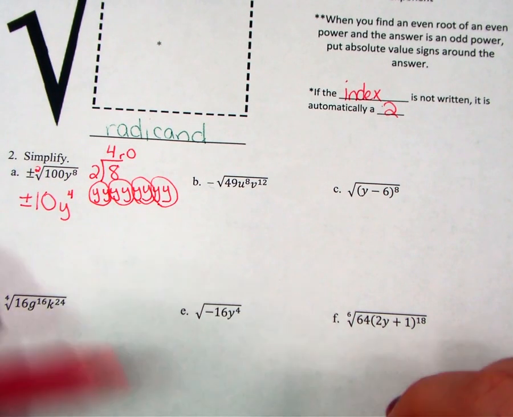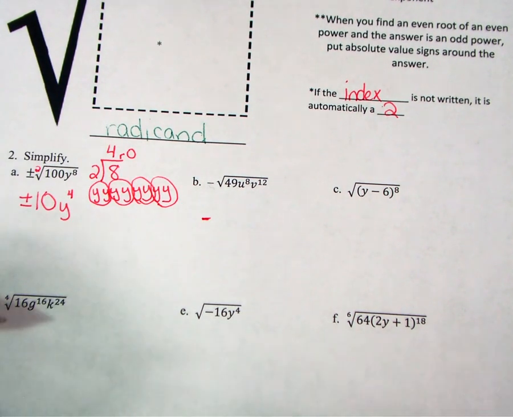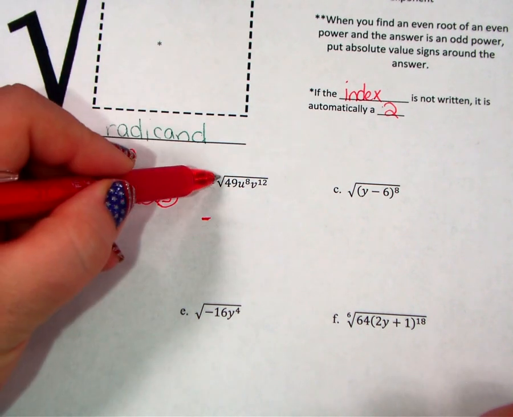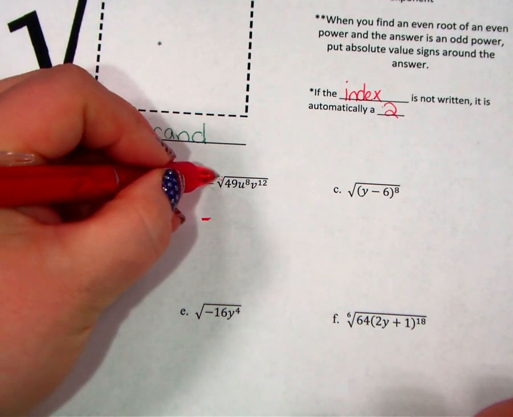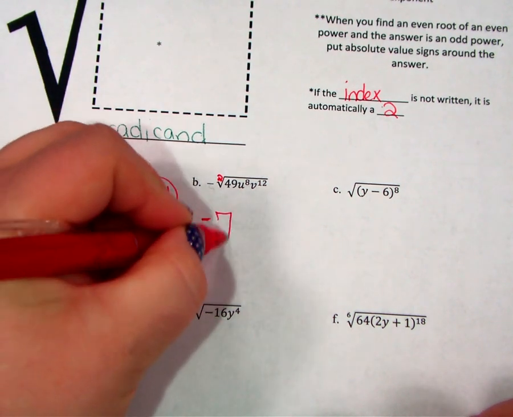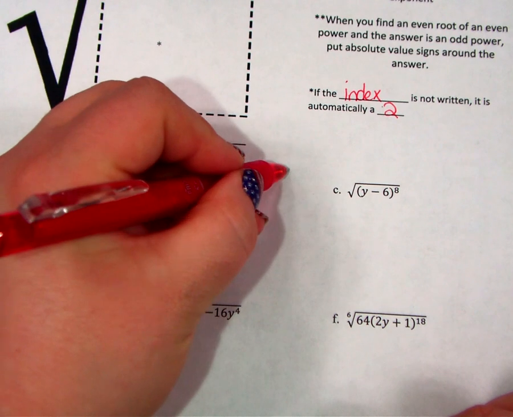We have a negative in front, so the negative will maintain being in front. We only care about really analyzing what the index is if that negative was found inside. So outside we still maintain. This is a square root because there's not a number written in front, so we assume it's 2. So the square root of 49 is 7. U to the 8th.